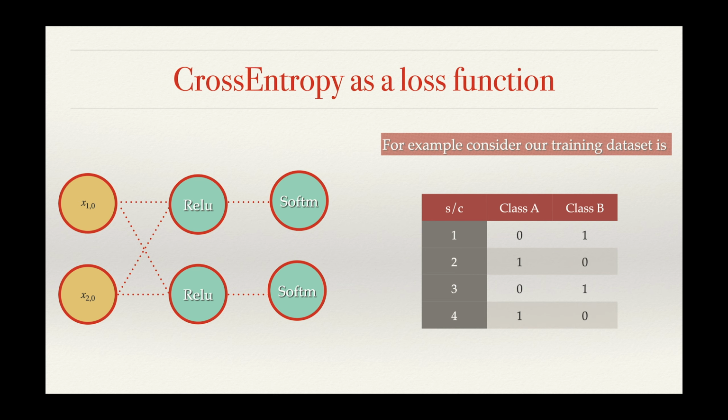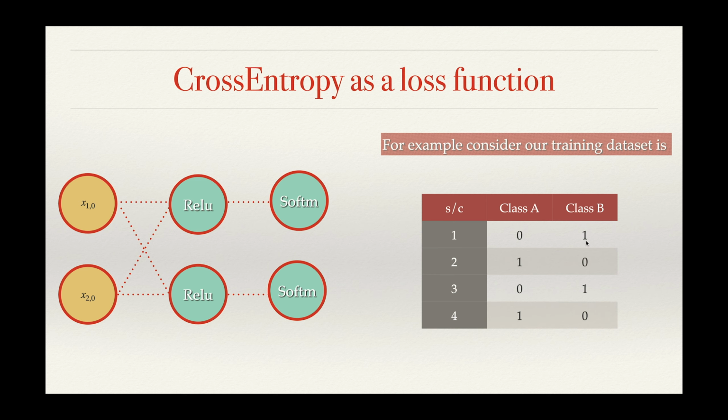Here we have an example. Let's say we have a data set with only 4 examples, only 4 samples. And this is my ground truth, which means for input A, the first data point, the output should be 0, 1, because it belongs to class B. And this is called one-hot encoding, because for my first input, I have a human labeler who said that this input belongs to class B. And for the second input, it belongs to class A, for example, which means this would be on, this should be off.